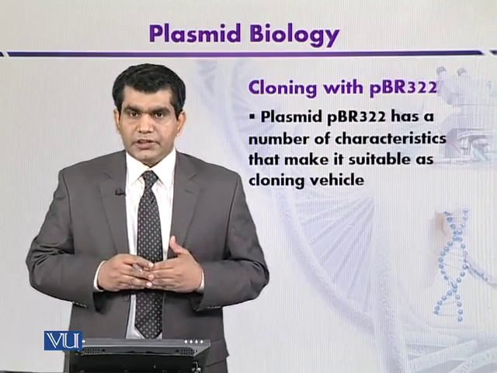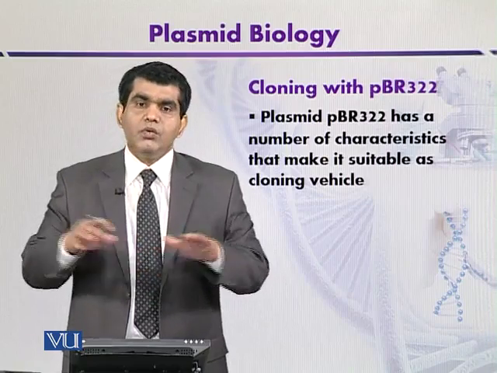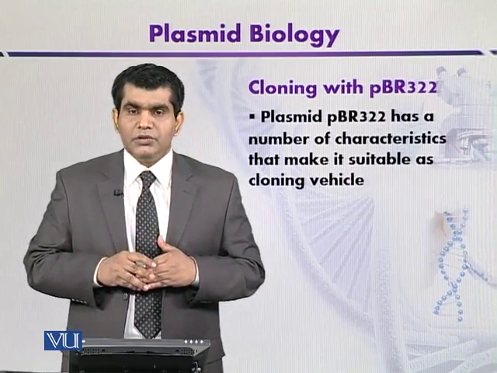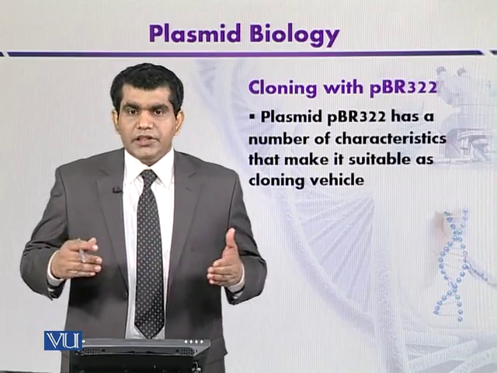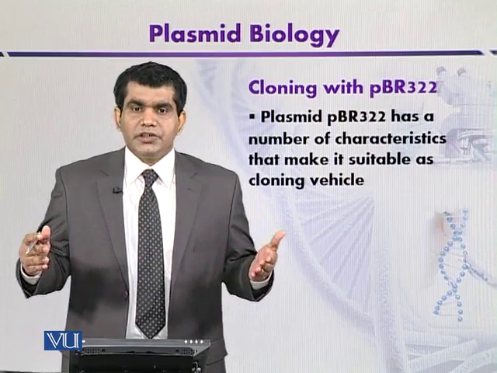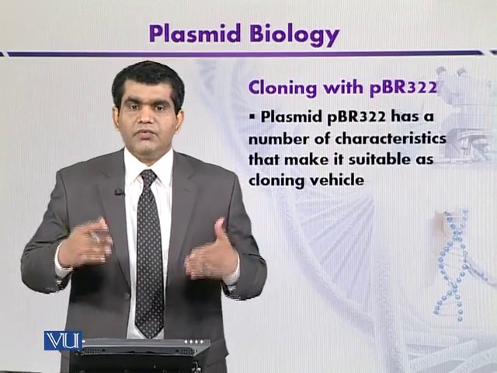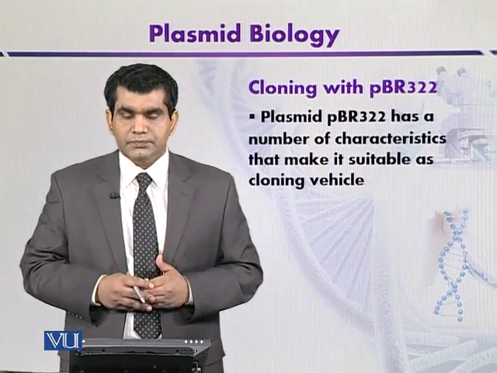Another advantage is that the whole sequence of pBR322 is known. So we have the idea of how many types of restriction sites are present and what their locations are.